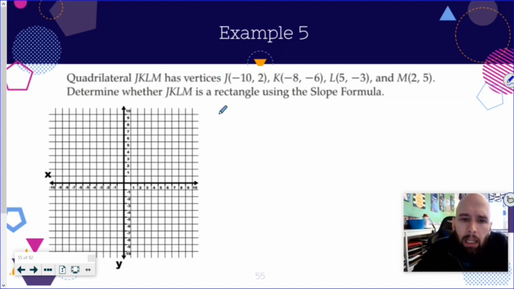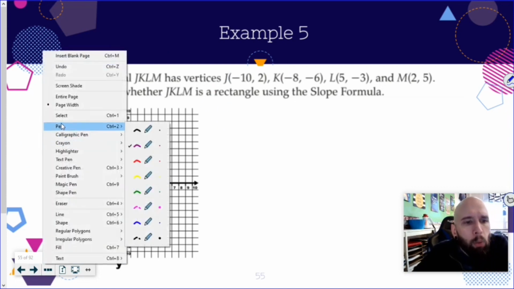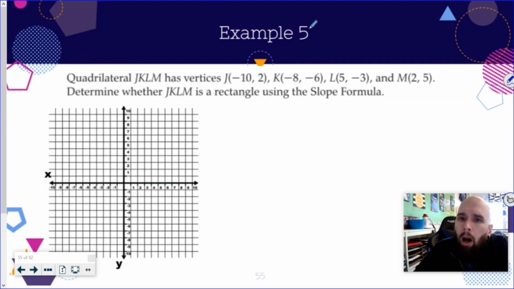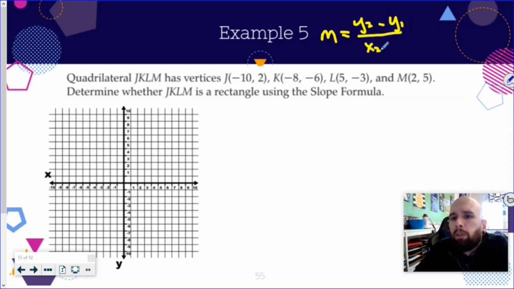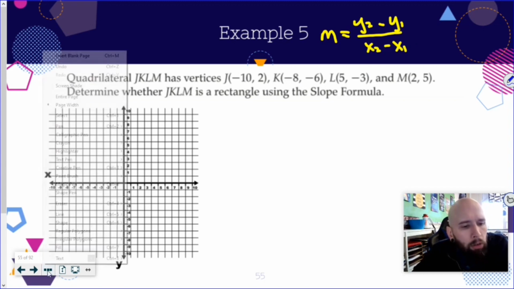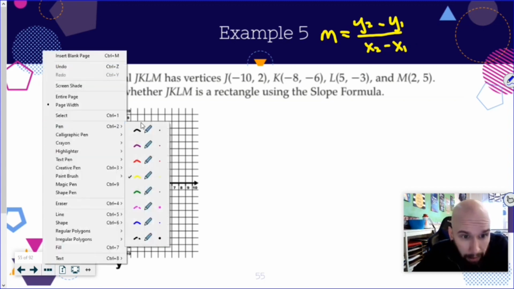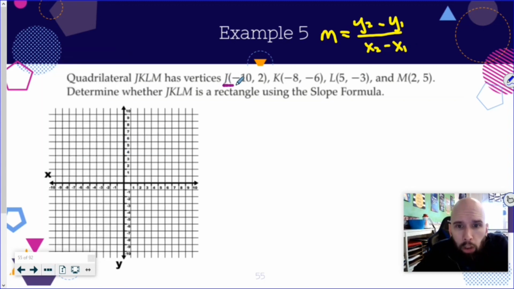We have JK. Here's my slope formula. Let me write it once up here. I think I have enough space. M equals y sub 2 minus y sub 1 over x sub 2 minus x sub 1. So I'm going to use the slope formula 4 times. I'm going to do JK first.